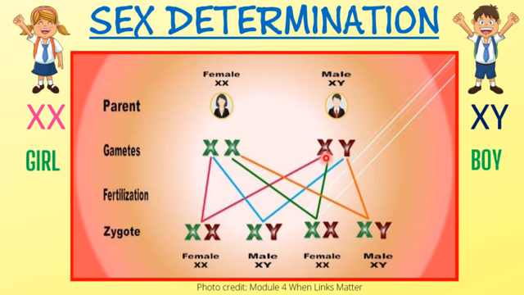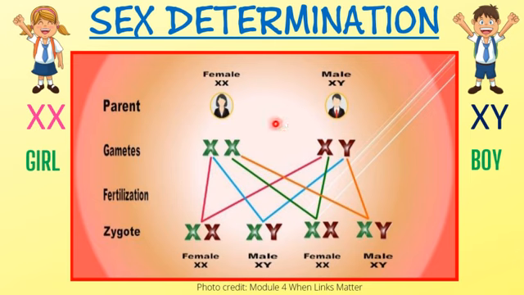Another scenario is if the X chromosome of the father fertilizes the X chromosome of the mother, the resulting zygote is X and X, which is a girl or female. And if the Y chromosome of the father fertilizes the X chromosome of the mother, the zygote will be X and Y, which is equivalent to a boy or male.